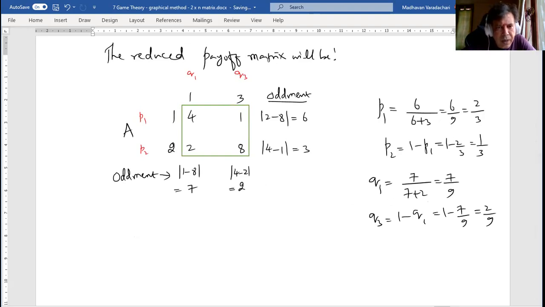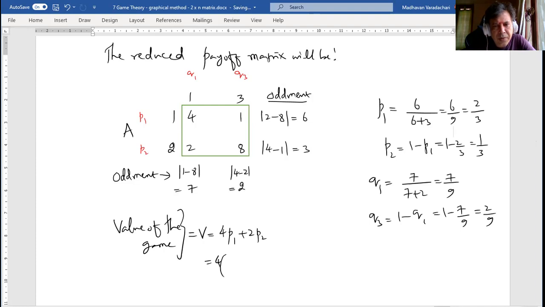Now we can find out the value of the game, denoted by V, which is 4P1 plus 2P2, that is 4 times 2 by 3 plus 2 times 1 by 3. That will give you 8 plus 2, 10 by 3. 10 by 3 is the value of the game.